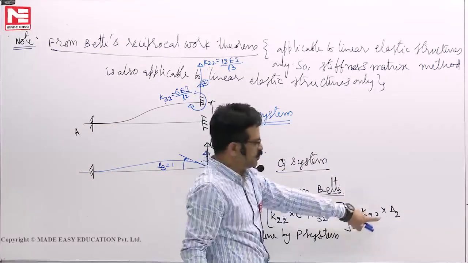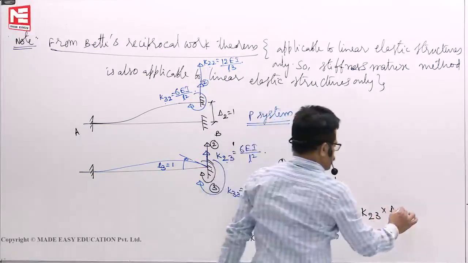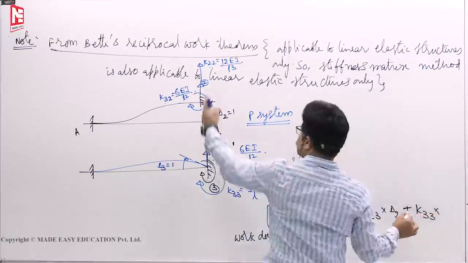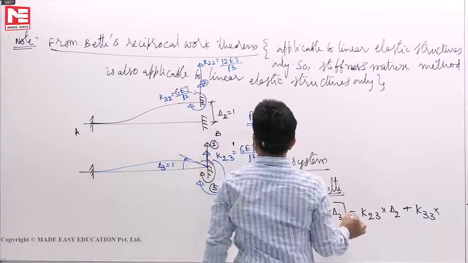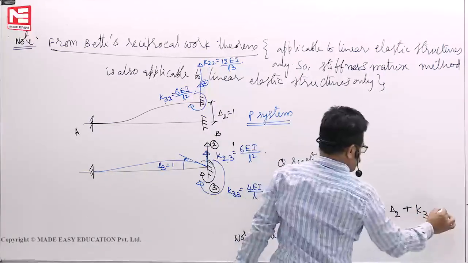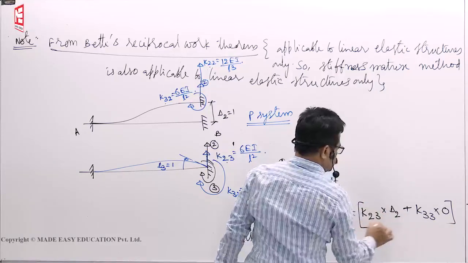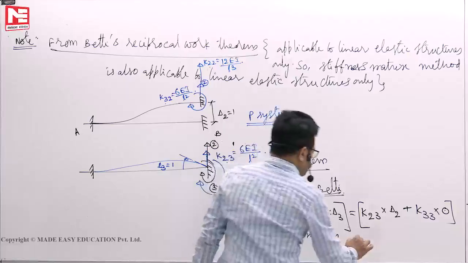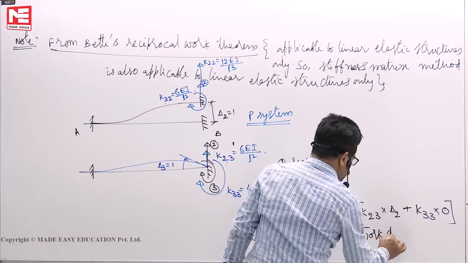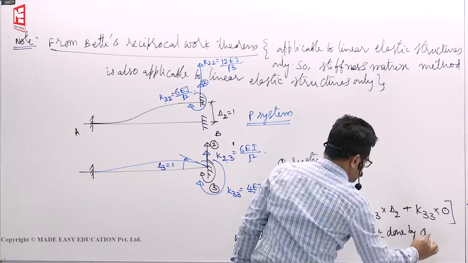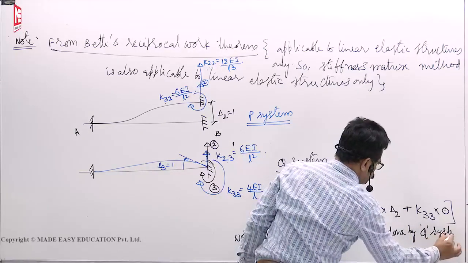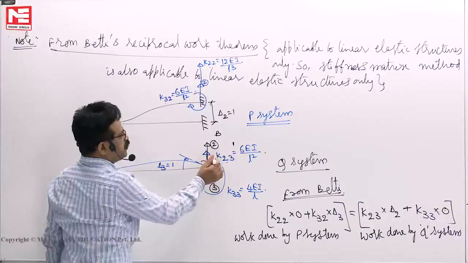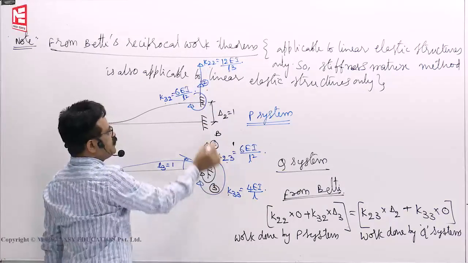Force is Q system, displacement is P system, plus K33 into corresponding displacement, how much rotation here? Delta 3 in the first system is 0, because it didn't rotate at all. This is work done by Q system.